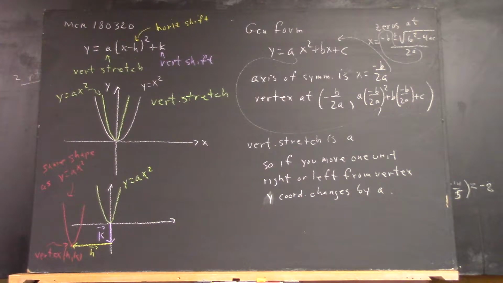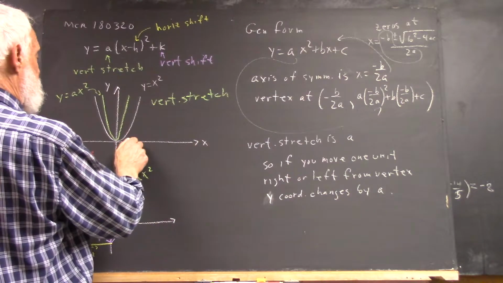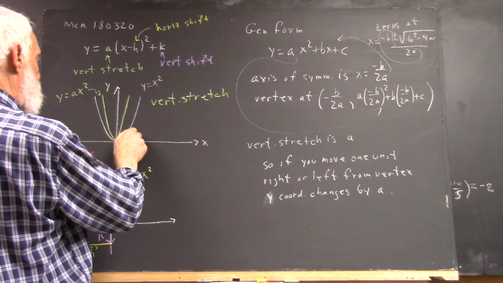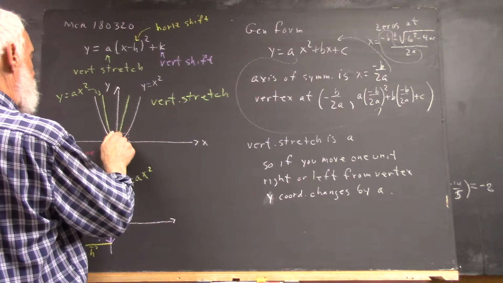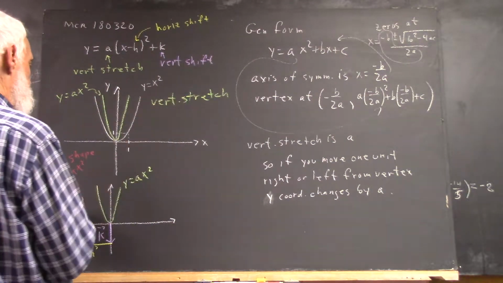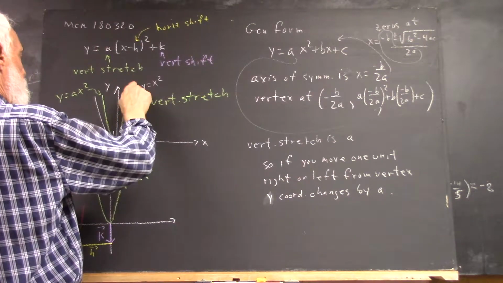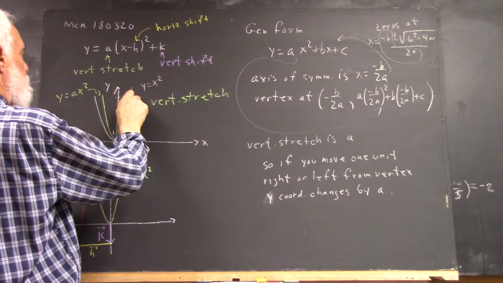Now, why is that? That's because if this is, let's say, where x equals 1, so here's y equals 1. If I vertically stretch by factor A, my y-coordinate for x equals 1 is going to be what?